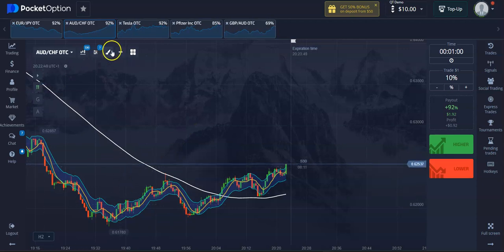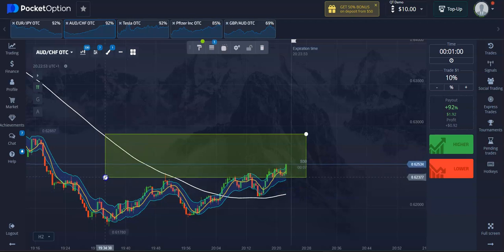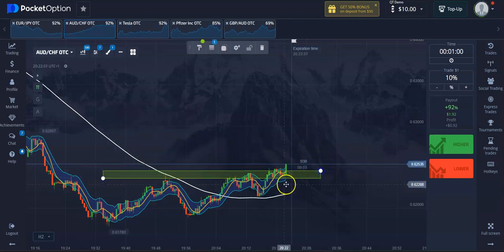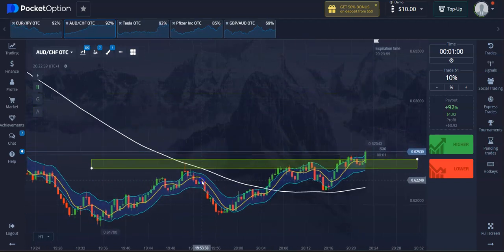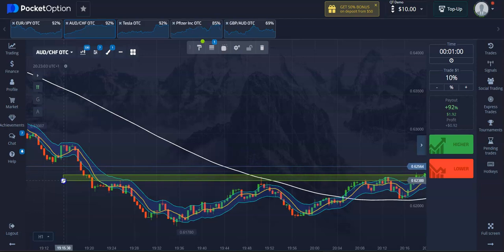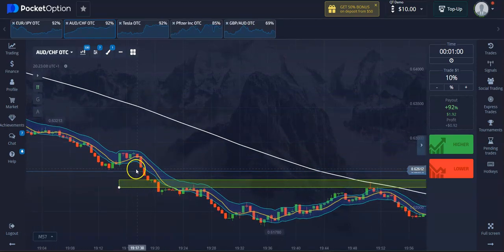So for example, on this one, we can see right here that this area is an area where price will react, okay? It's way back here.